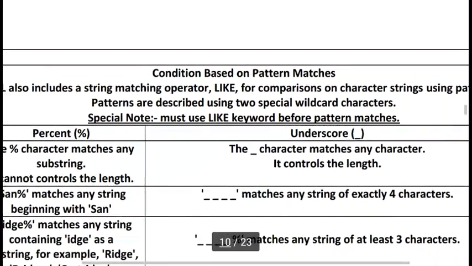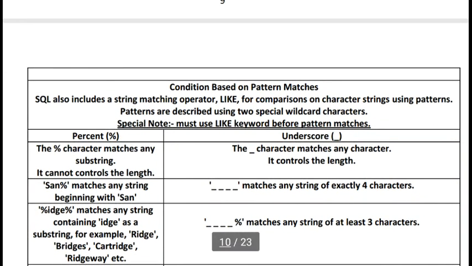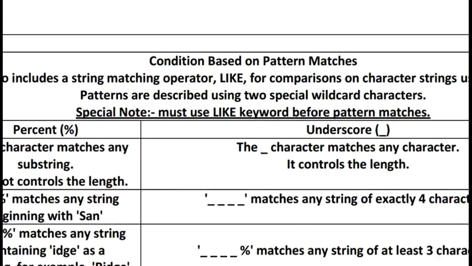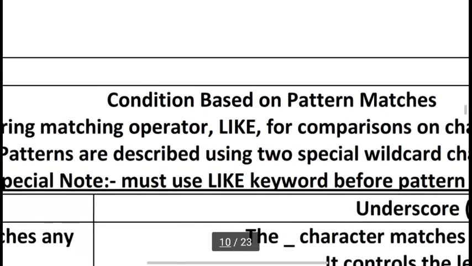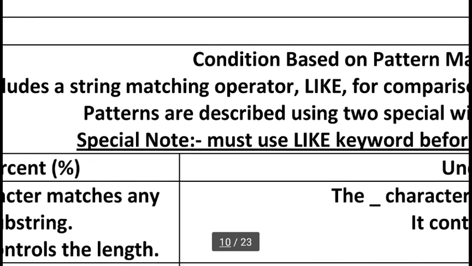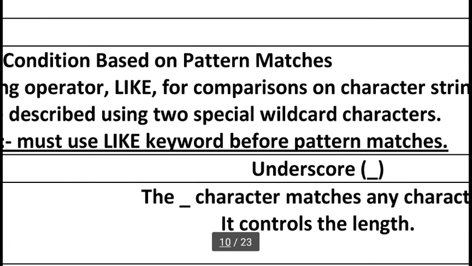But here MySQL provides many more facilities. We can also do a micro search with the help of these clauses, conditions based on pattern matches. SQL provides two types of operators: the percentage operator and the underscore operator.